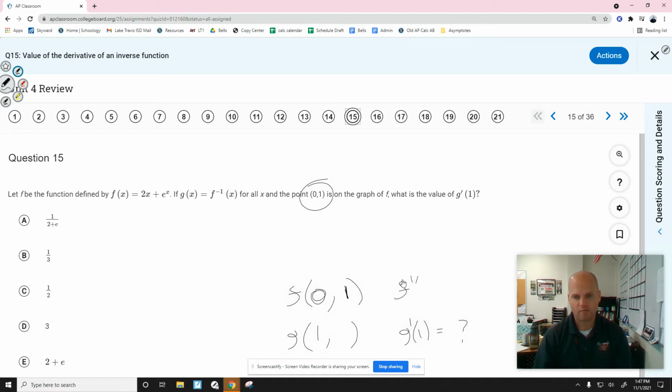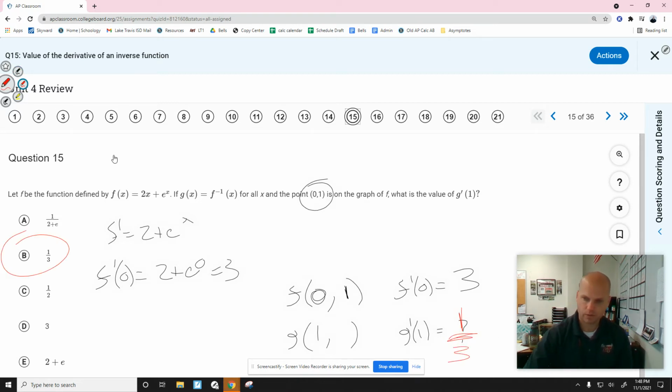I need to find f prime of 0. So f prime is 2 plus e to the x. f prime of 0 is 2 plus e to the 0, which is 3. Which means g prime of 1 has to be 1/3. Flip-flop points, reciprocal slopes. That's inverses.